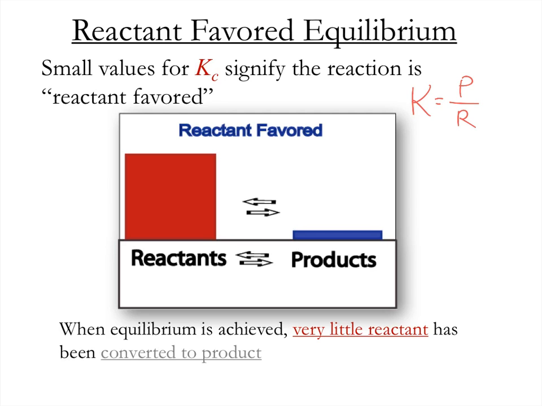If you have a lot of reactants present at equilibrium, mathematically the denominator is larger, so your K value would be small. If your K value is less than 1, it's reactant favored. If your K value is equal to 1, the reactant and product concentrations are pretty much going to be equal.